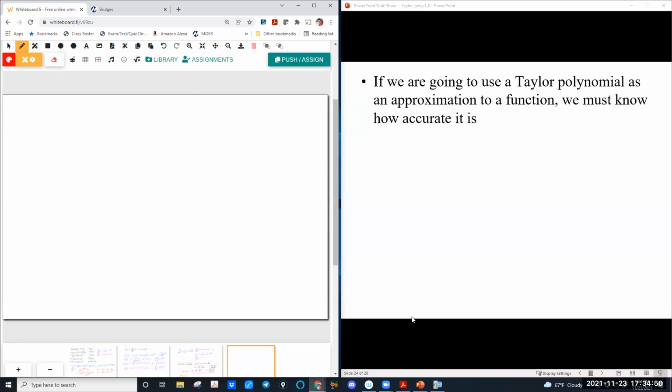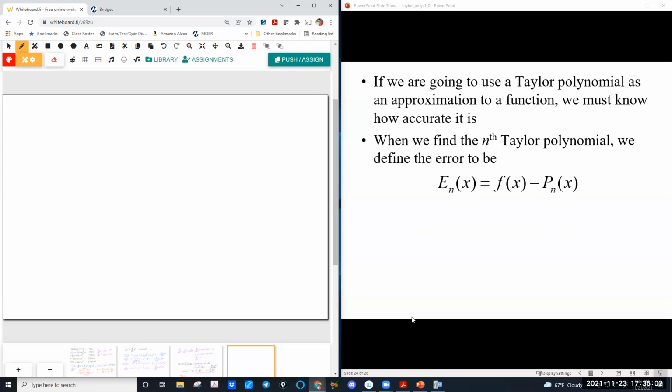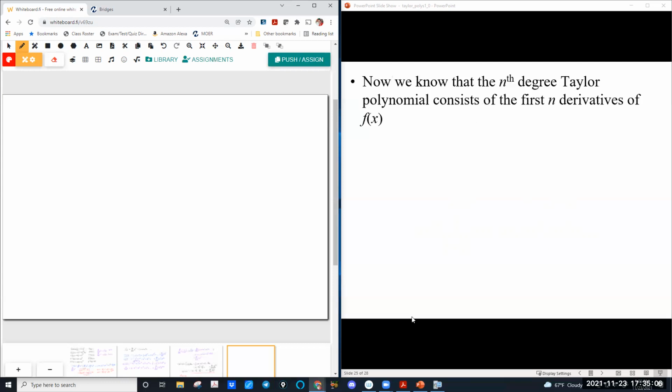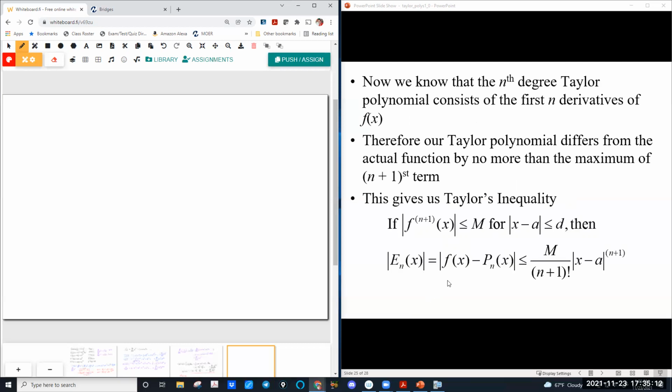So just like we had with our numerical integration, we have an error estimation. This is going to look really familiar. Our error estimation for Taylor polynomials of the nth degree is given by what's called Taylor's inequality. This will look really familiar.